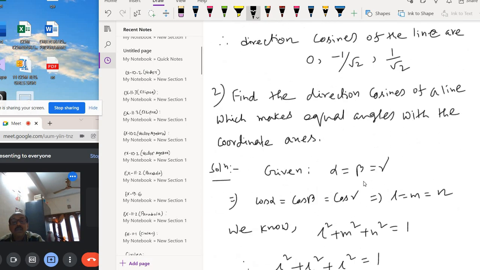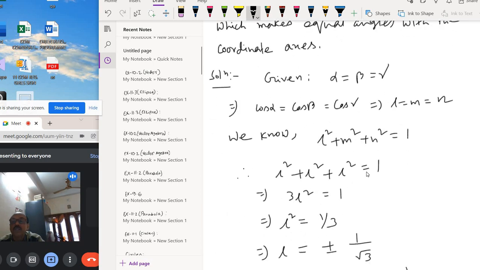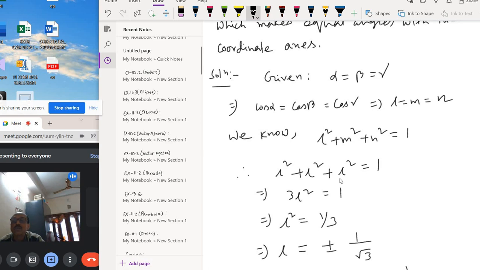And if the line makes equal angles, all angles are equal, then alpha equal to beta equal to gamma, and we know the formula L square plus M square plus N square equal to 1, and L, M, N are the direction cosines, so all are equal.